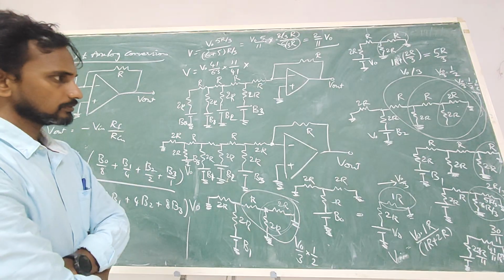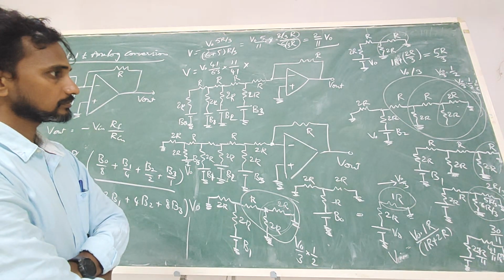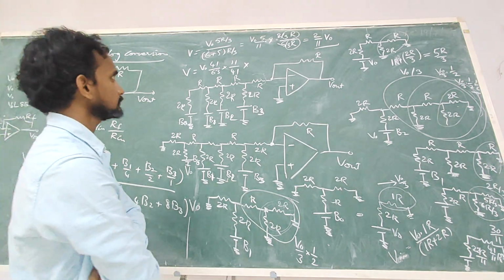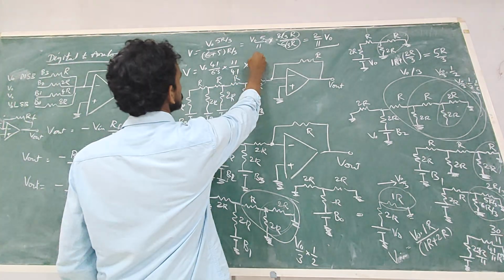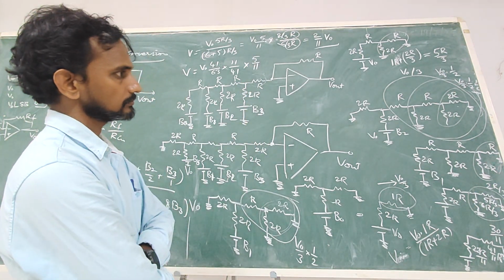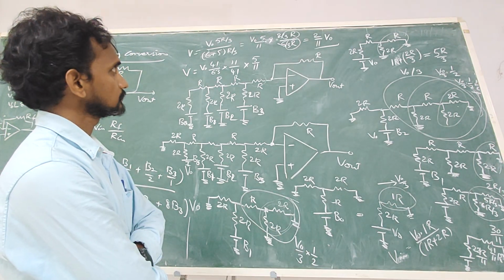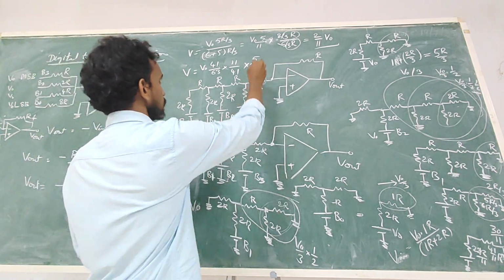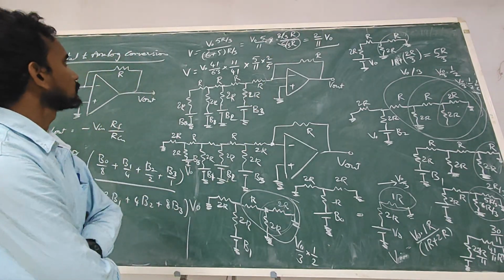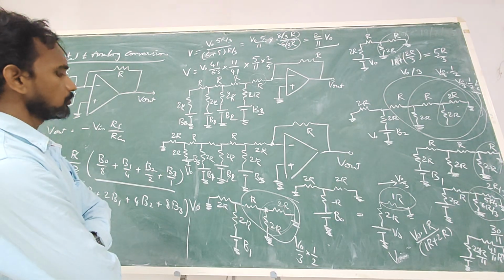Next portion, 5 by 11. In total V naught into 2 by 63.